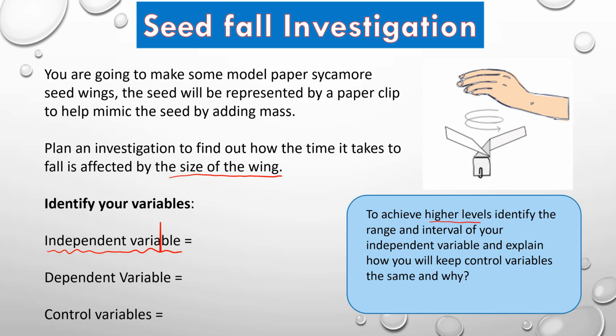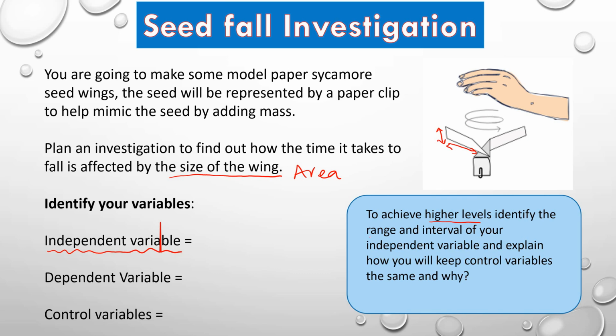That size of the wing, a better way to phrase size of the wing would be to look at the area. Because I used gridded paper, I could count the squares, but if you use a ruler and measure the length and the width, then you can use that to work out the area of one wing and the area of two wings. Don't forget your seed has two wings.